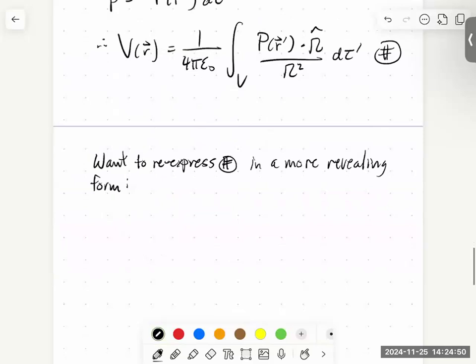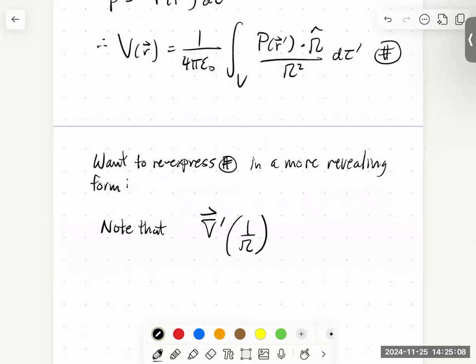Okay, so the starting point is to make the following note. Okay, so what does this mean?